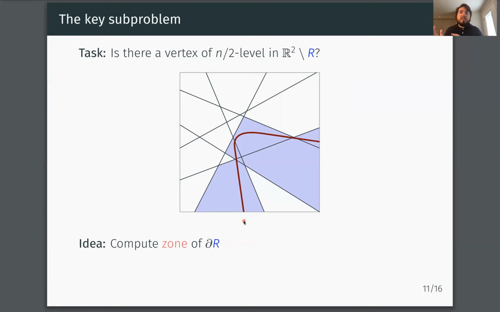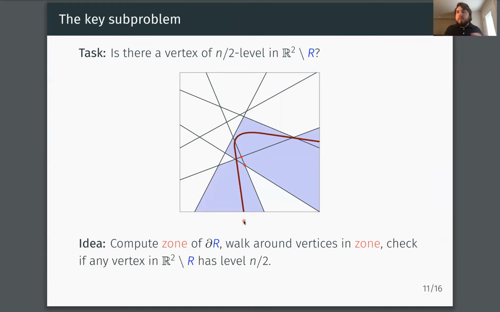Again, the zone is the set of cells in the arrangement that intersect the boundary. We look at all of the vertices in the cells of the zone, and the idea is to walk around the vertices in the zone and compute their level. If we find at any point a vertex that has level n over 2 and lies outside R, then we're done. This shows that the candidate ball is not a valid solution.